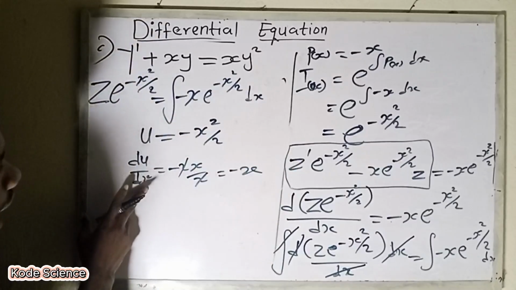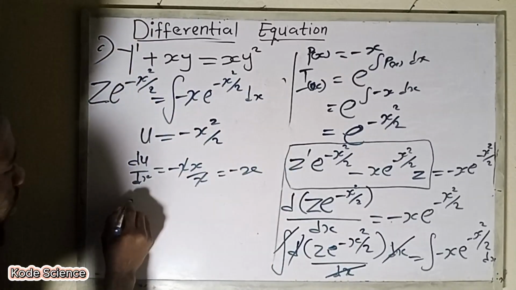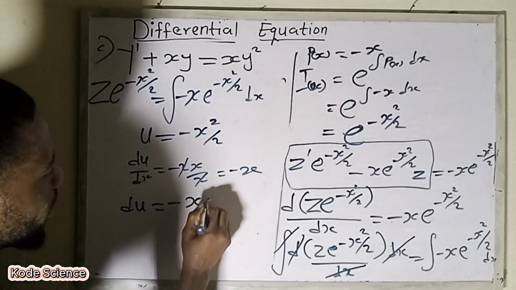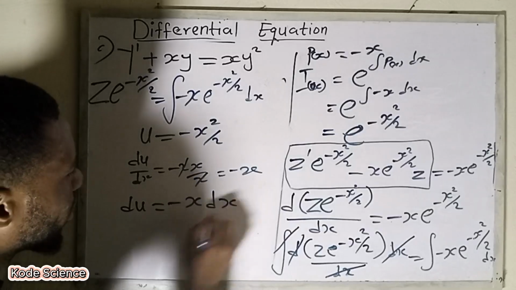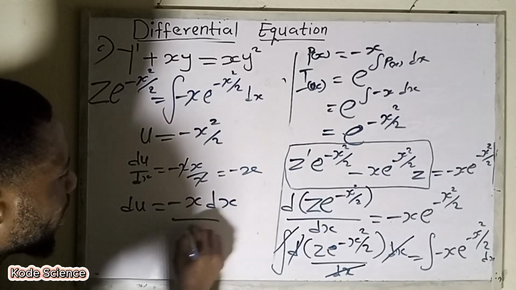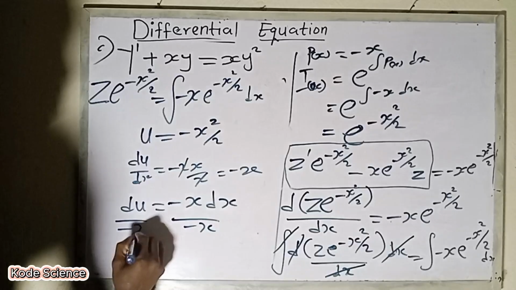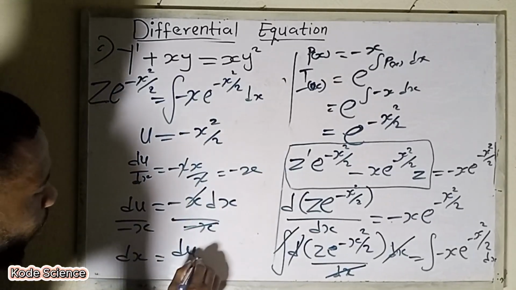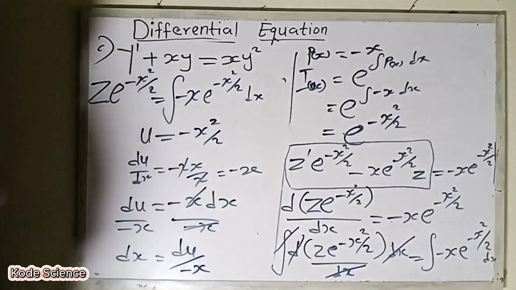So du is equal to minus x dx. Divide both sides by negative x. So our dx is therefore du over negative x.